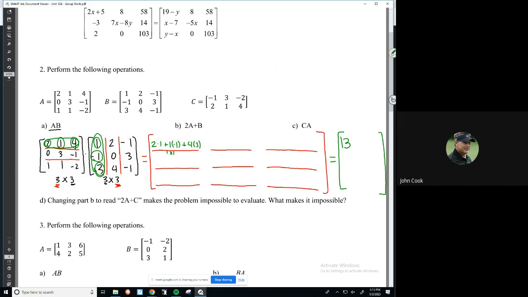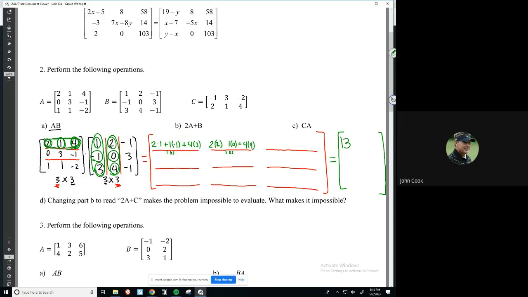Okay, and then the next one I'm going to do is find this one right over here. This is row 1, column 2. So I do row number 1 times column number 2. I'm going to do the same procedure. I take the 2 and multiply by the 2, and then I take the 1 and multiply by the 0, and then I take the 4 and multiply it by the 4 over here.